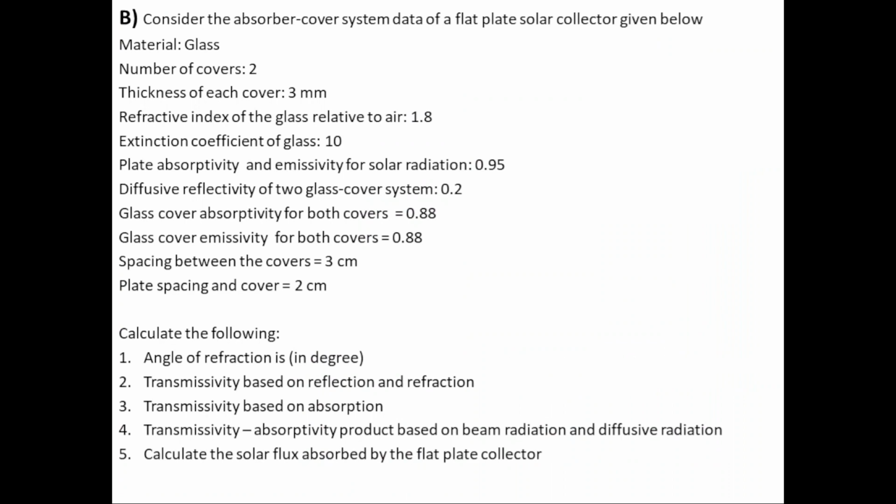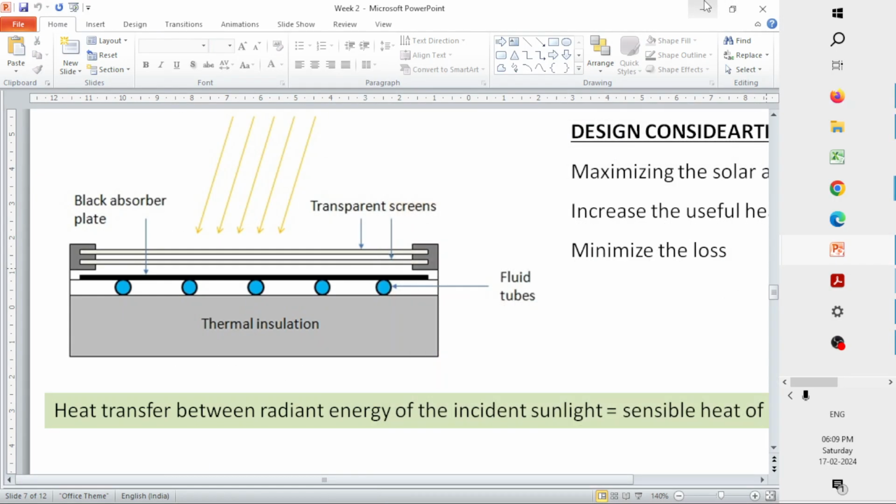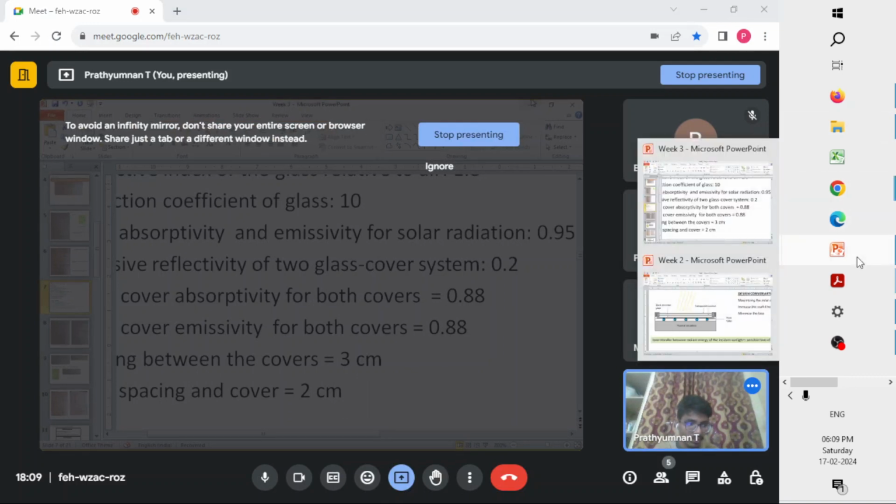Here we consider an absorber cover system for a flat plate collector. Our material is glass, and we have considered the number of glass plate covers as 2. In the video, or in the majority of your assignment problems, the number of covers will be 1. What does that mean?